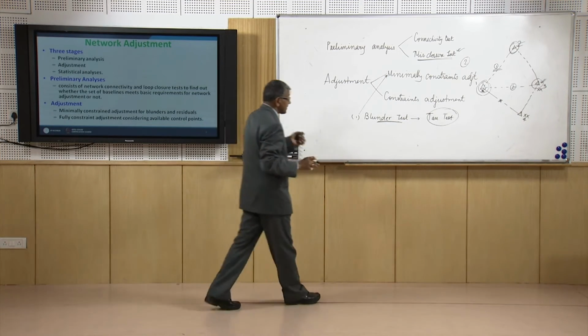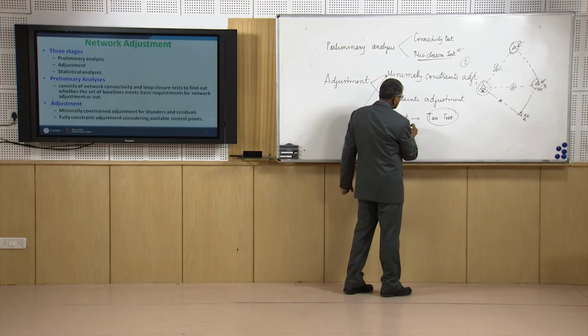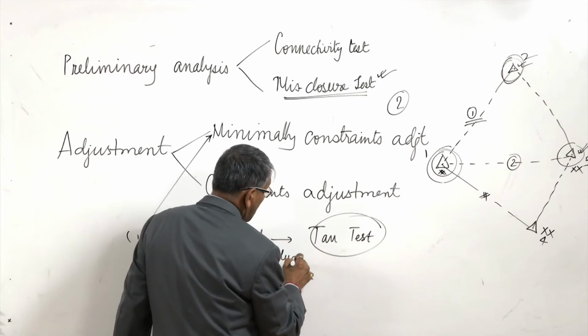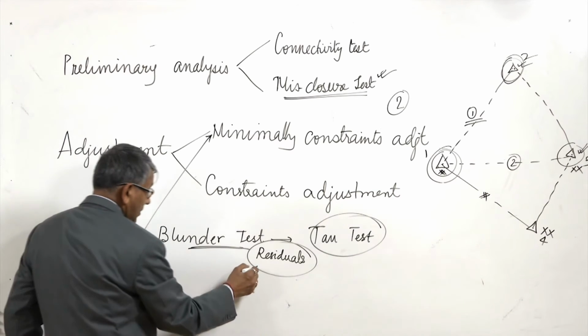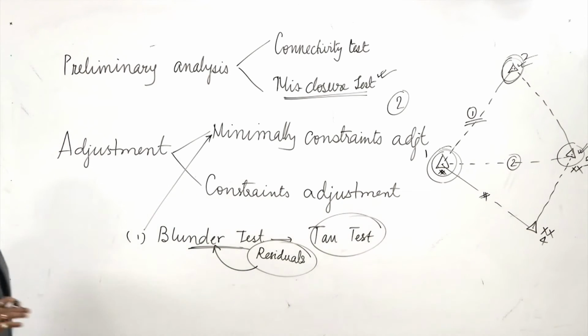That blunder test is carried out on the residuals of the parameters. We take them as input to the blunder test and find out whether any of the residuals is a blunder or not.